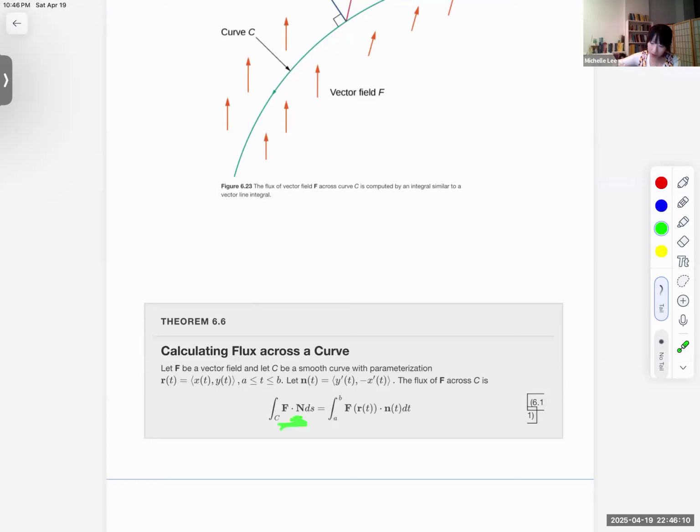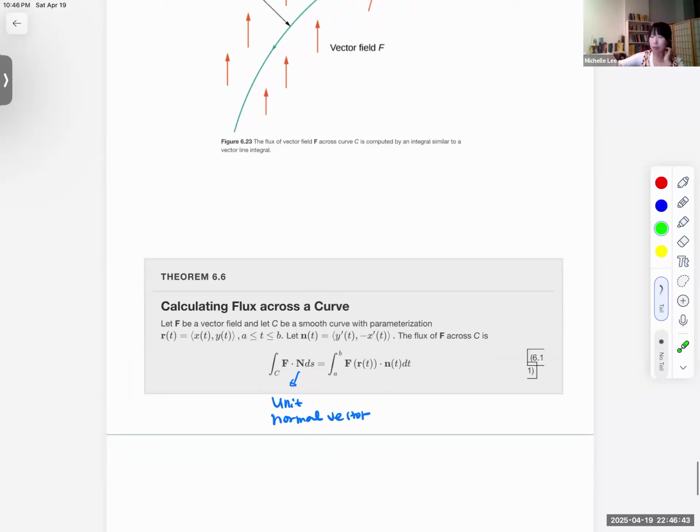So n is the unit normal vector, like we had earlier with the unit tangent vector. Then we can express this formula as the vector field, parameterized, dot product with the normal vector of t, dt.